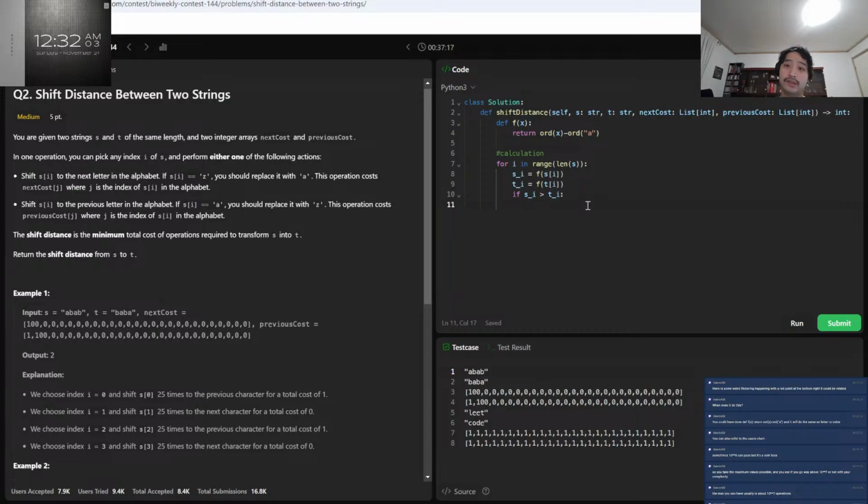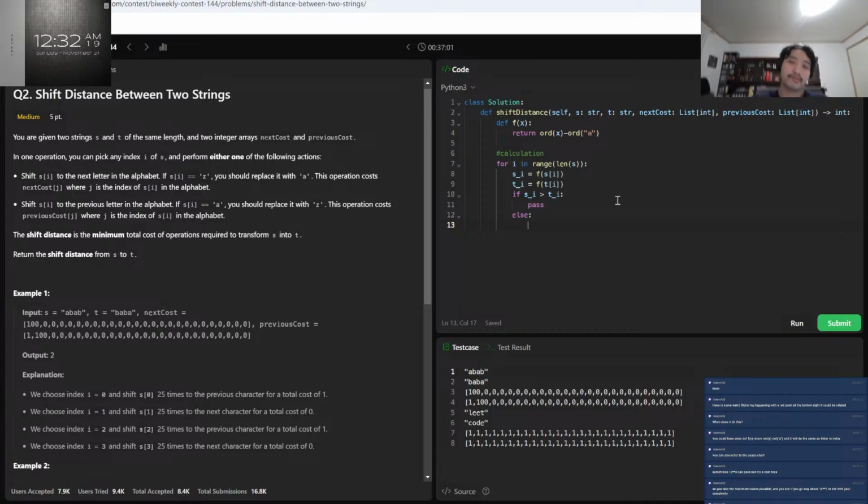So if s of i is larger, Solaris 428, is larger, pass, and else. Or do I need to do it if it's equal? If it's equal, it does matter. But do I need to check it?